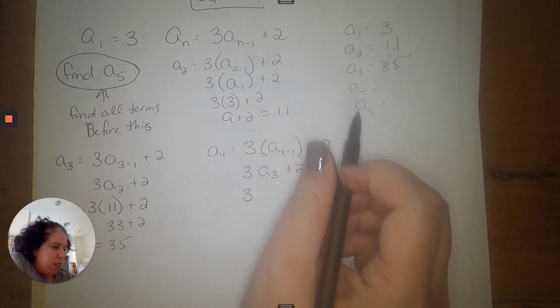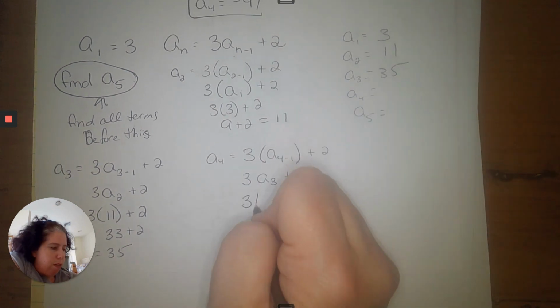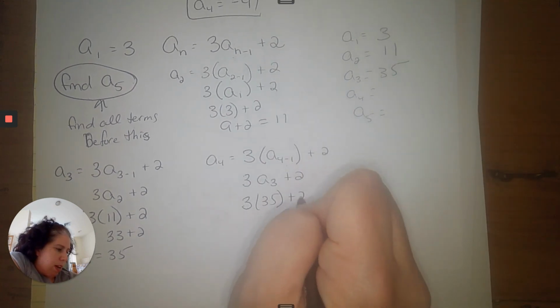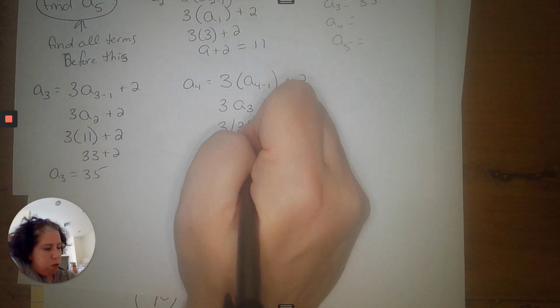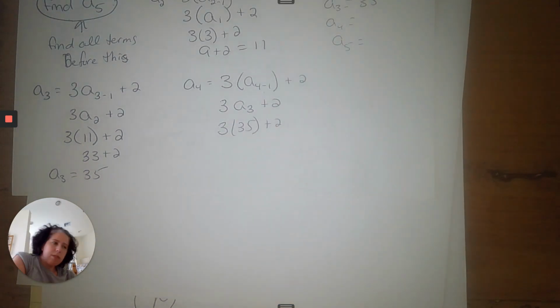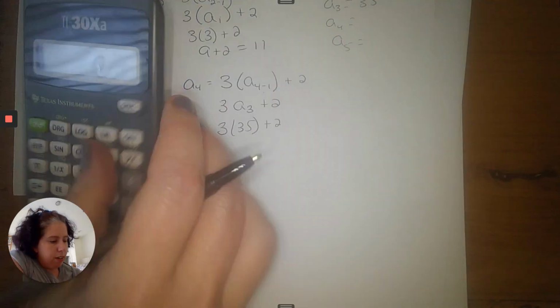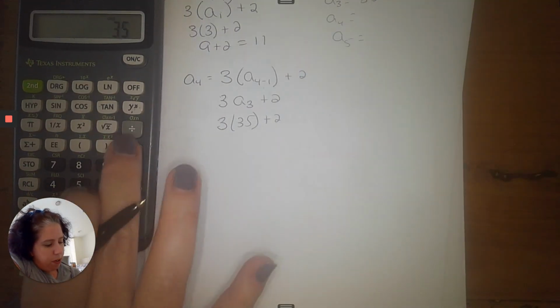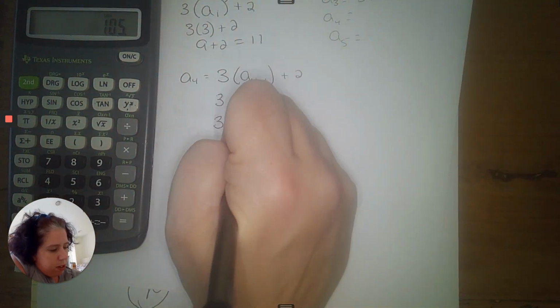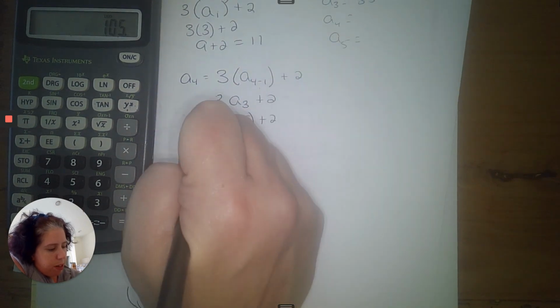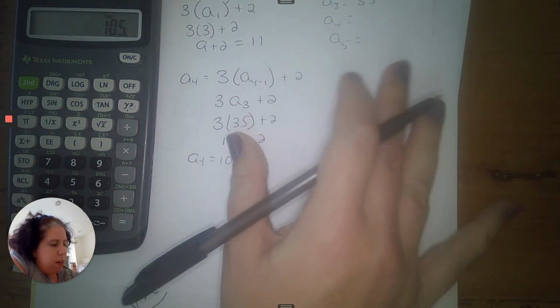So take 3 times A3. A3 was 35. Then add 2. So 35 times 3. If you're feeling lazy like I am right now, take your calculator. Okay, 35 times 3. So that's 105 plus 2. So that means A4 is 107.